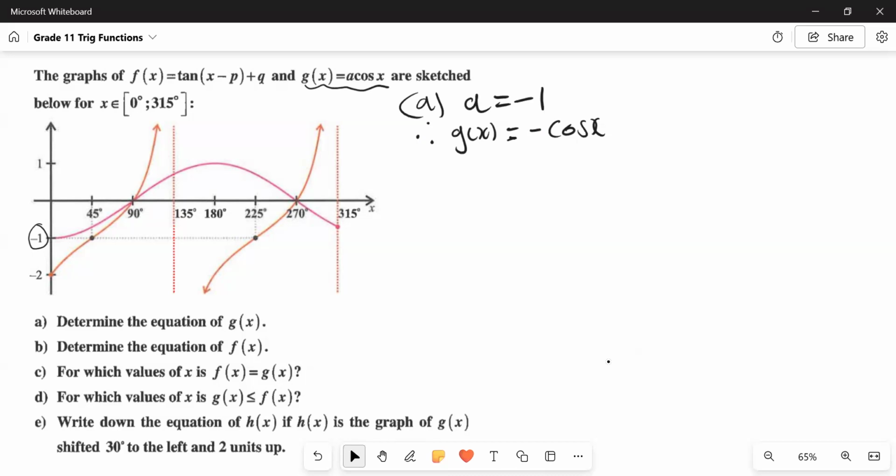This means that the graph has been shifted right by 45 degrees, which means P equals 45. And it can also be seen that the graph has been shifted 1 unit down.